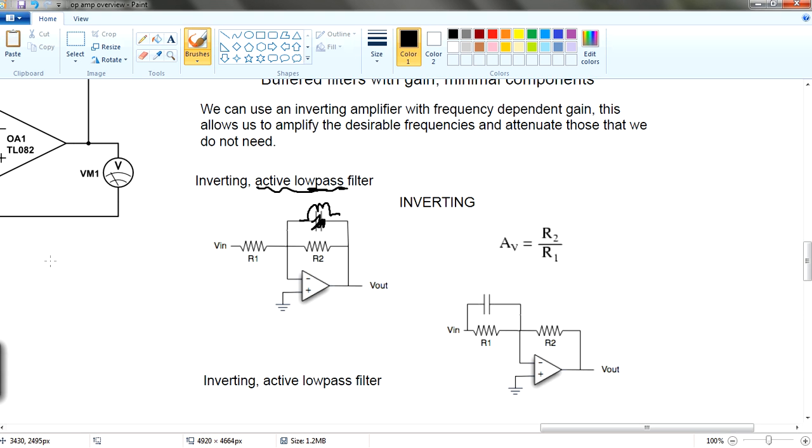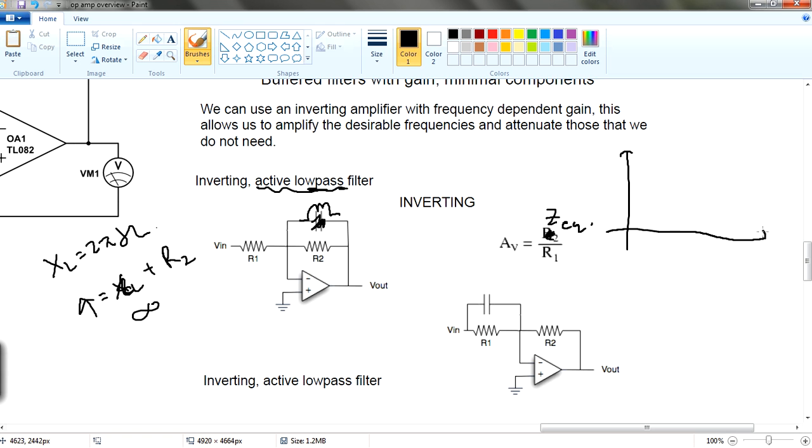Because now XL equals 2 pi fL, so if the frequency increases, your overall impedance will increase, plus your R2, like an equivalent impedance. This goes to infinity, so infinity plus R2 is also infinity, so at very high frequency you have a very high gain.